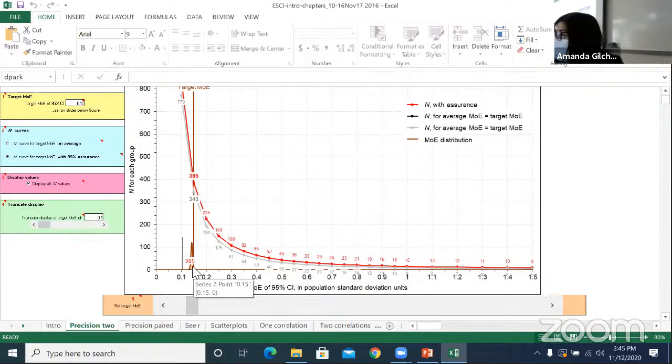If we wanted to get 0.15 as a target margin of error with assurance, we're going to need 380, which is 40. And this is a 30-minute session. So that would be about 770 hours worth of work. Becca said, please no.